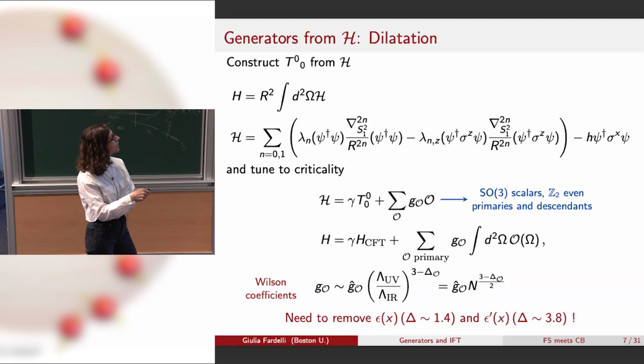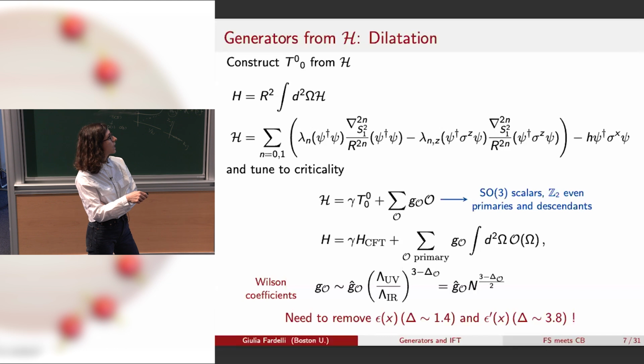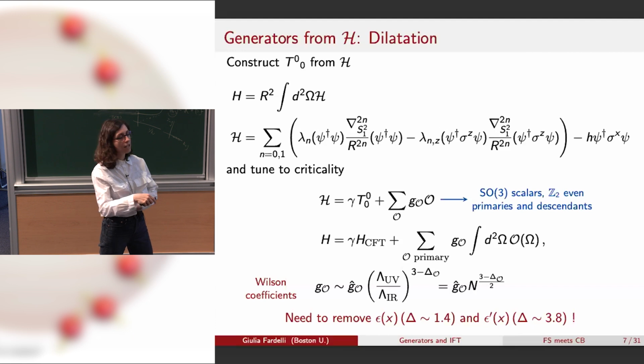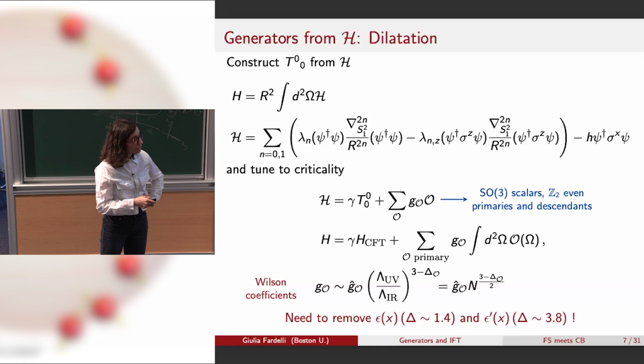It is important to notice that these Wilson coefficients are not per se dimensionless, so they scale with lambda UV over IR times 3 to the minus delta O, delta O being the dimension of this operator. So in particular, as a function of n, the number of electrons, that's the scaling that we expect.